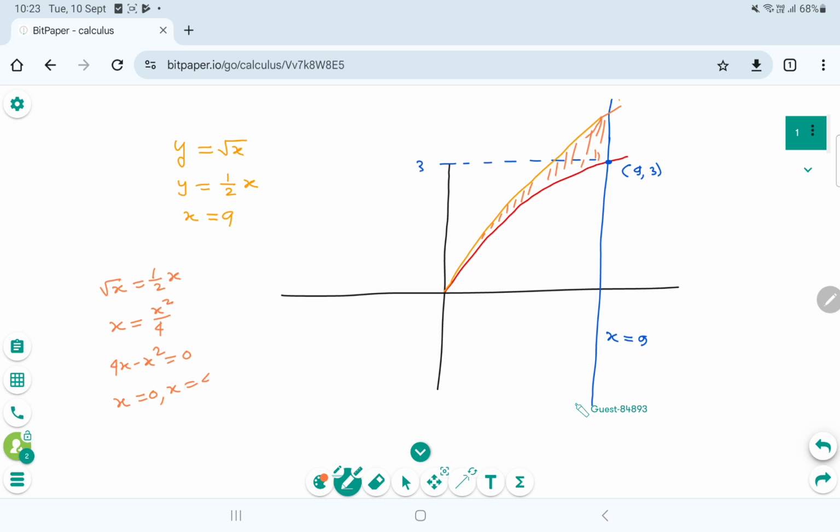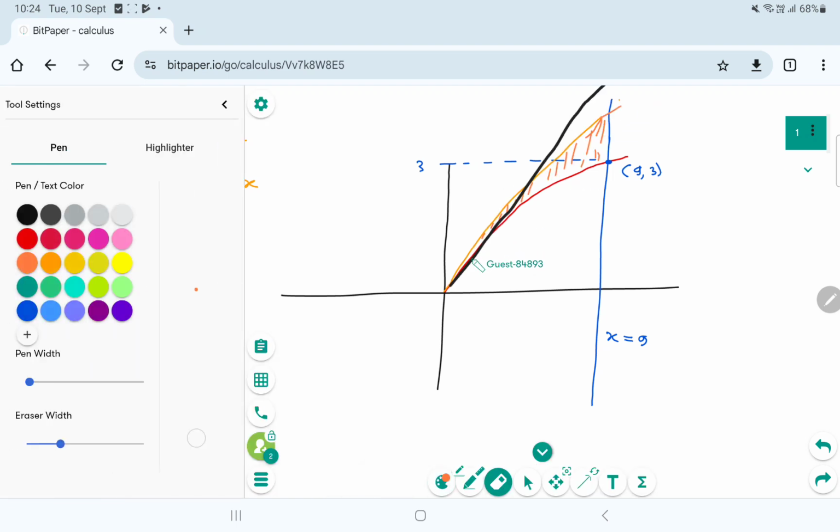Graph is still not good. Oh, okay. So it's like going like this then. Yes, exactly. So maybe I raise this and draw that again. So I did it completely wrong then.